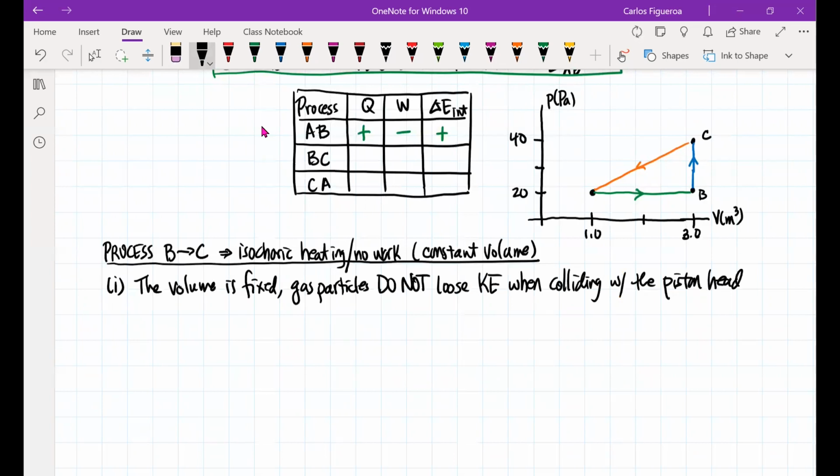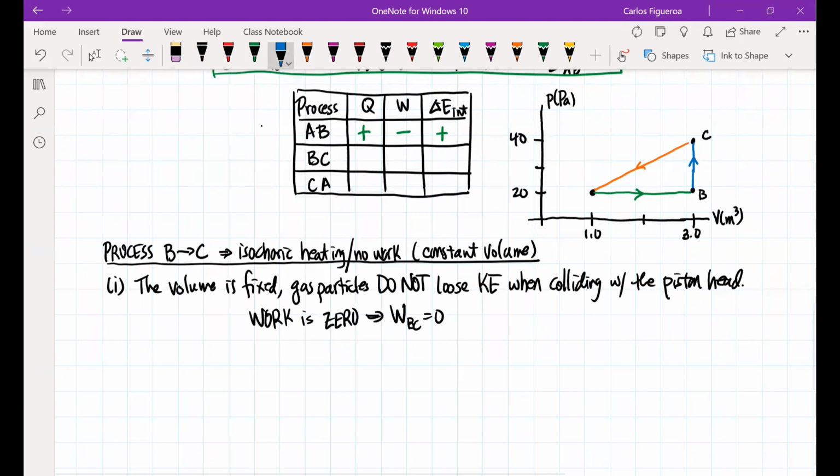That's what the ideal gas law says. So therefore, since the gas did not lose energy, the work is 0. So now I know that the work from B to C is 0.